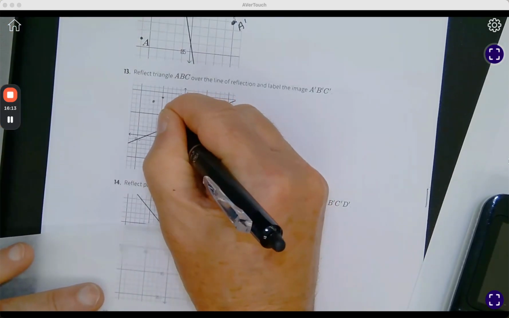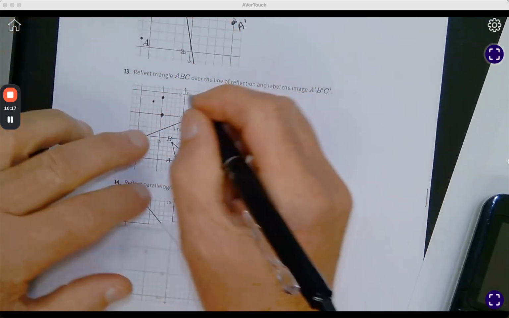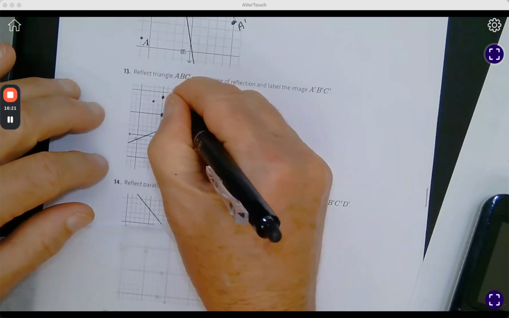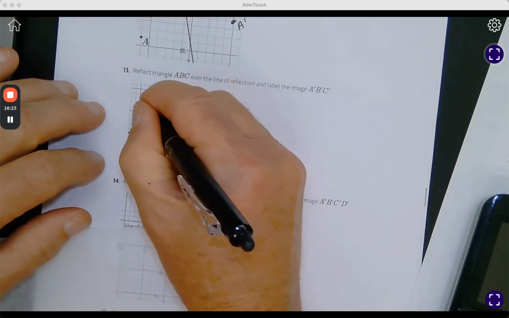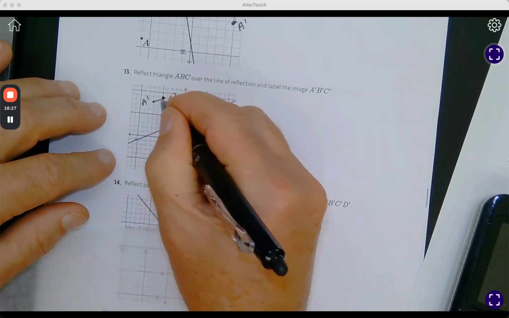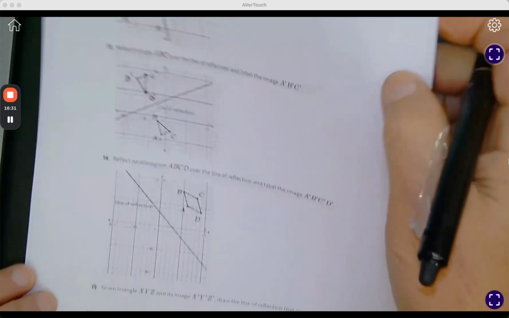Now you've got to figure out what is what. So this went like this. This is B prime, this is C prime, and this is A prime. Don't forget to connect those vertices and make those sides. All right, that's done. I like that.